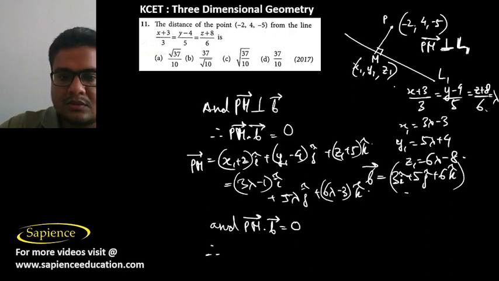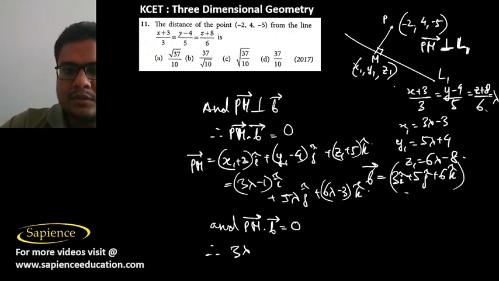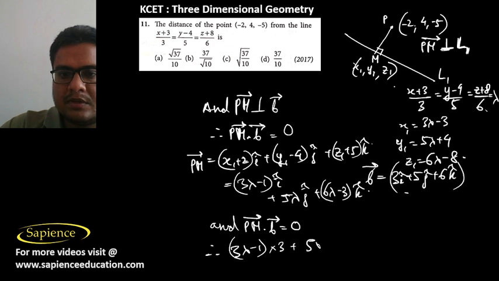So therefore I can say that 3 lambda minus 1 into 3 plus 5 lambda into 5 plus 6 lambda minus 3 into 6, that is equal to 0.